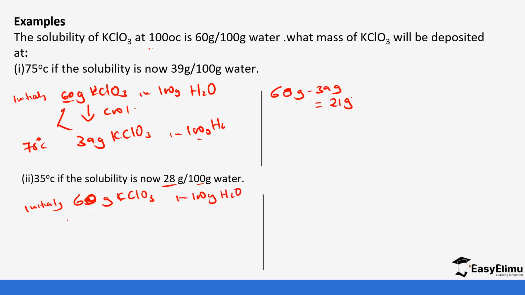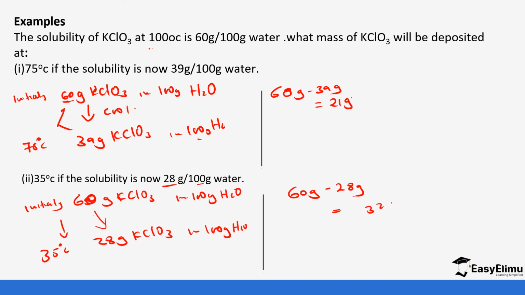Now if it's cooled to 35 degrees Celsius, it becomes 28 grams of potassium chloride in 100 grams of water. If you want to see how much salt crystallized, you subtract. So it is 60 grams minus 28 grams, which gives us 32 grams. So this is the 32 grams of potassium chloride.